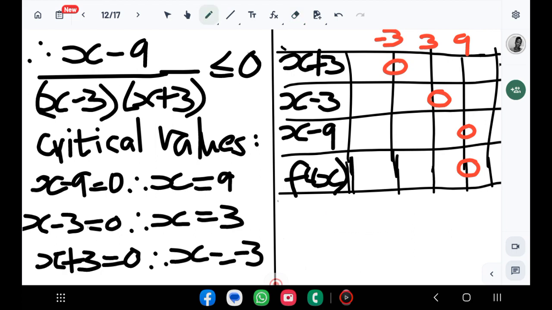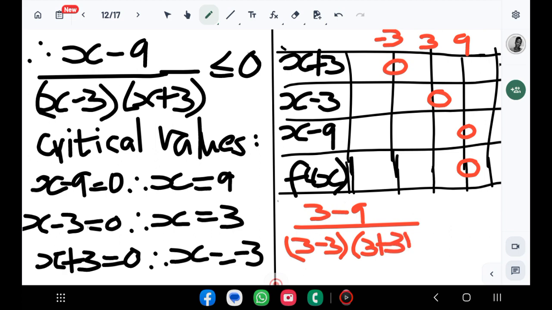When x equals 3, you've got 3 minus 9 at the top, all over 3 minus 3 at the bottom, and then 3 plus 3, which is equal to negative 6 over 0 times 3. The 0 at the bottom makes everything 0. So you end up with negative 6 over 0, which makes the whole function undefined.